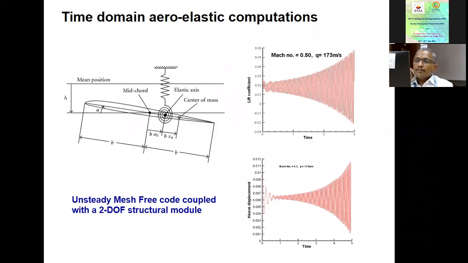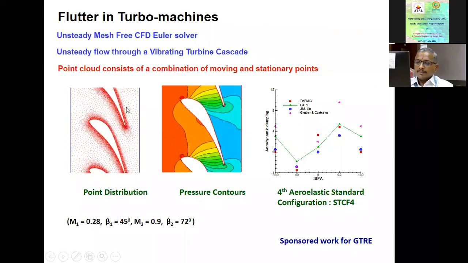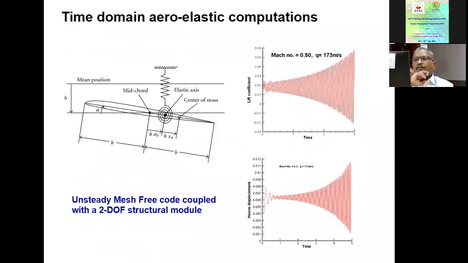Again, before we moved into real 3D complex geometries, this is another flutter problem, in external aerodynamics. What I showed previously was a flutter problem related to internal flows. This is an example of flutter in external aerodynamics.